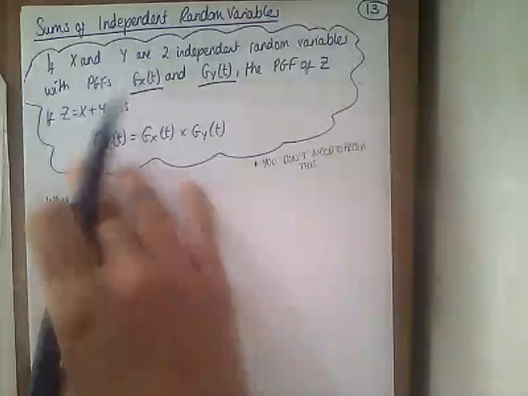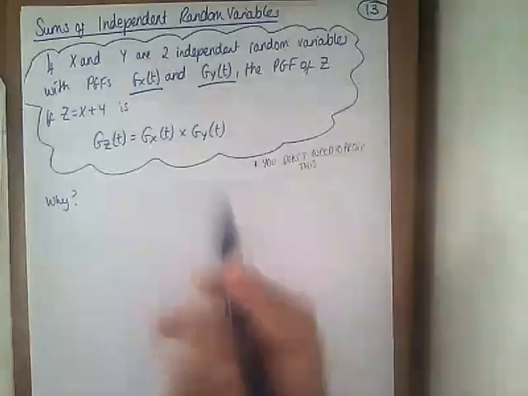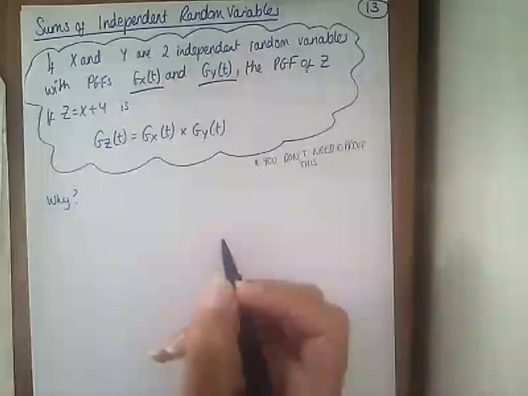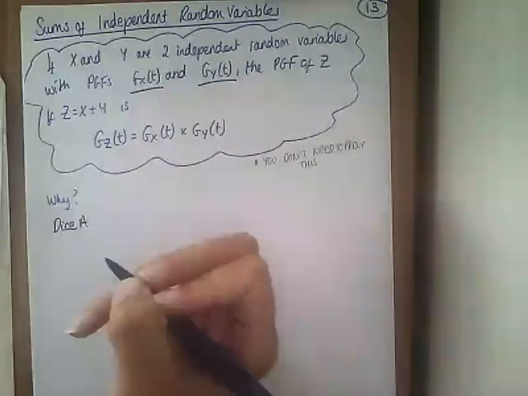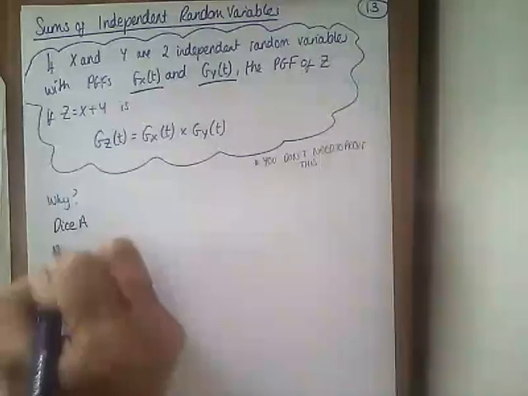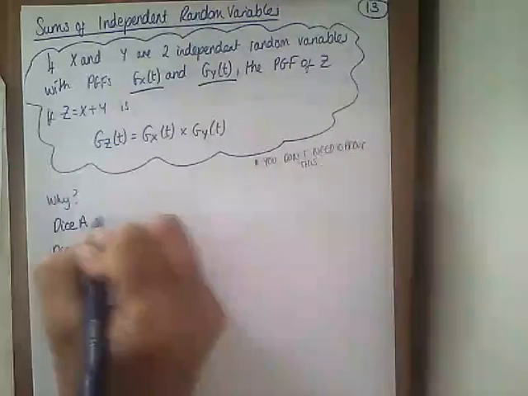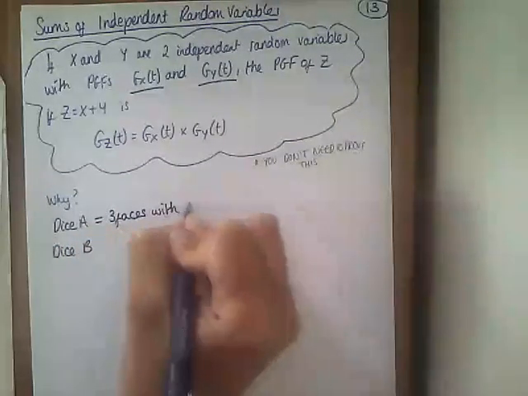Okay, and I'm going to do a very basic, made up example to show you why that happens. Let's say we've got two dice, dice A and dice B. Dice A has 3 faces with a 1 on, and 3 faces with a 2 on.